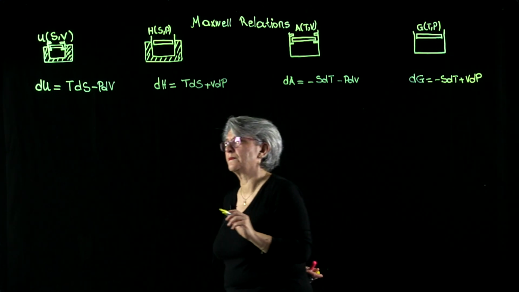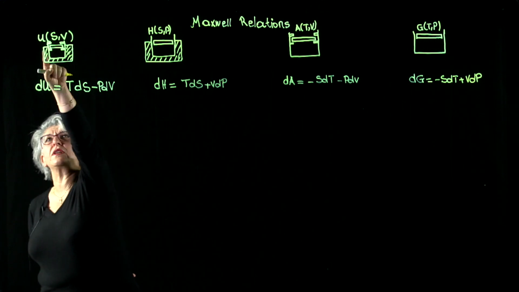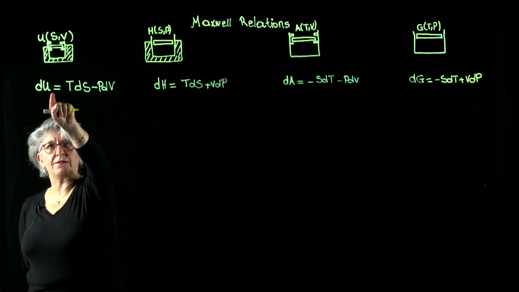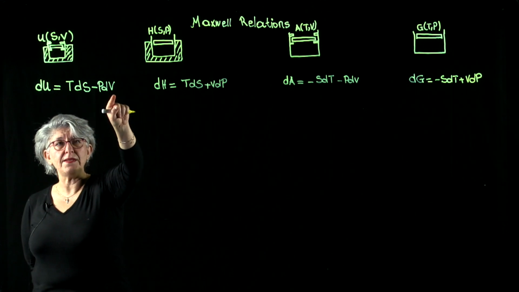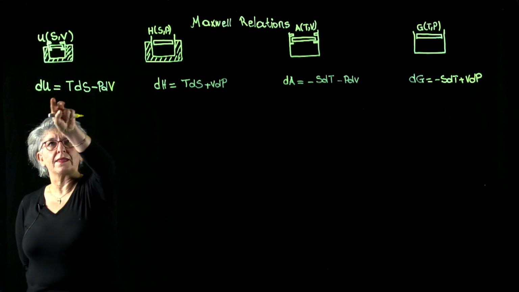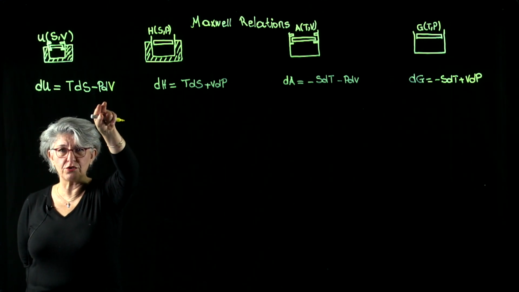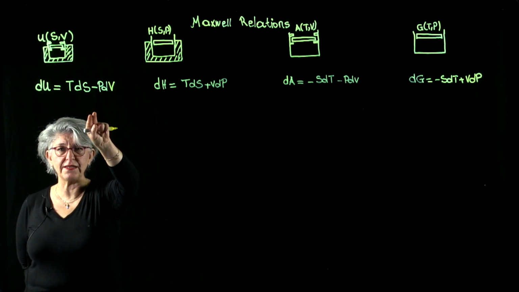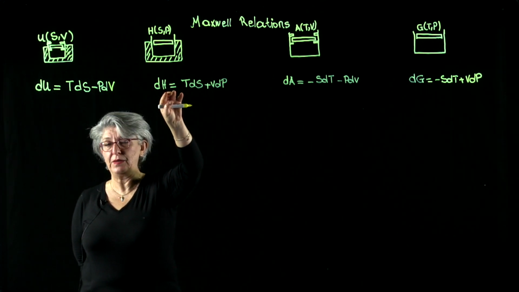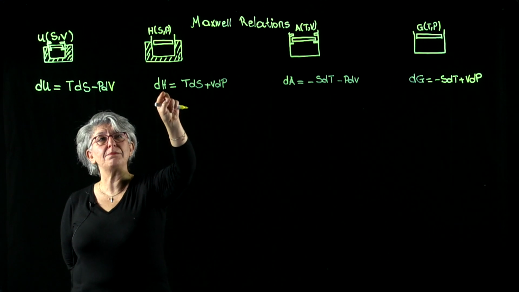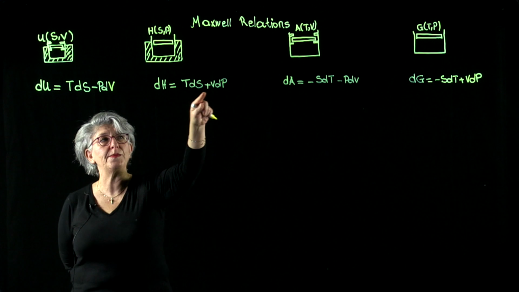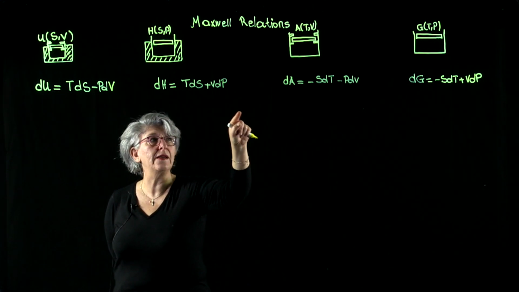All right? So internal energy is a function of S and V. Its derivative is this. This expression came from the combination of the first and second law analysis. When we have just applied the relationship between H and U and take the derivative, you obtain this relationship.